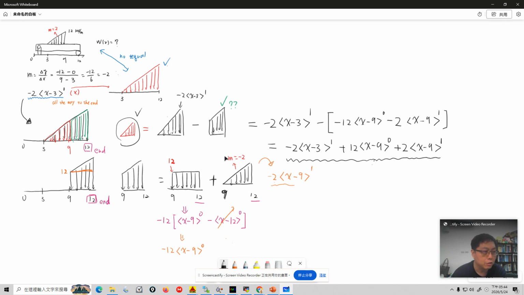Simply speaking, you need to do a subtraction of shapes. The same thing will happen if you have a trapezoid distributed load at the middle. You also need to use the same trick, and that would be more difficult, but maybe that's in your homework.